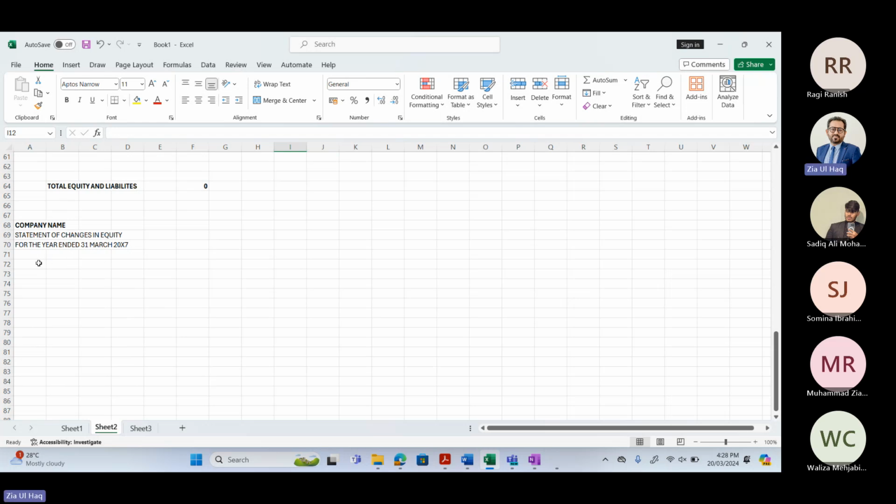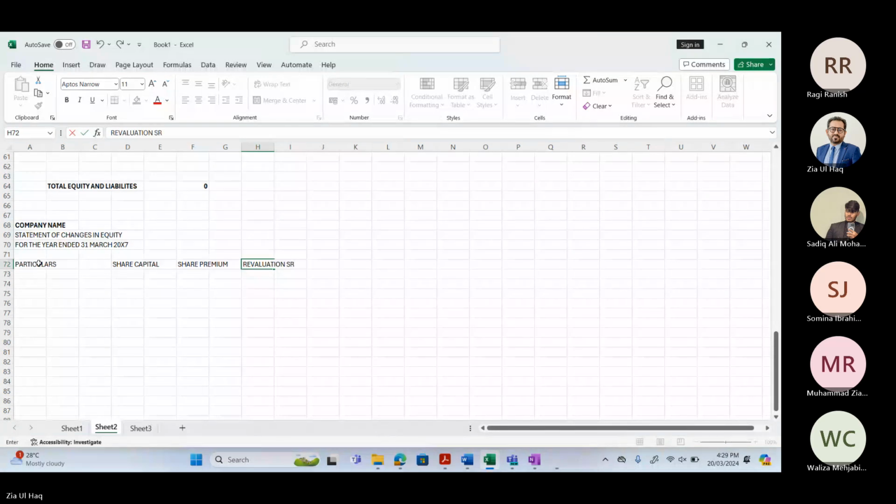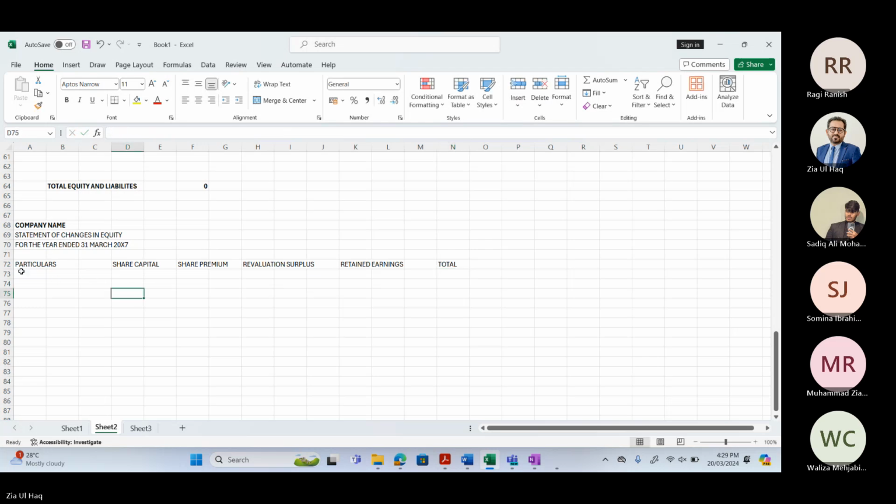First, we need to record what particulars. One column for share capital, another column for share premium, another column for revaluation surplus, next column for retained earnings, and we need to record their opening balance. We know there are opening balances.